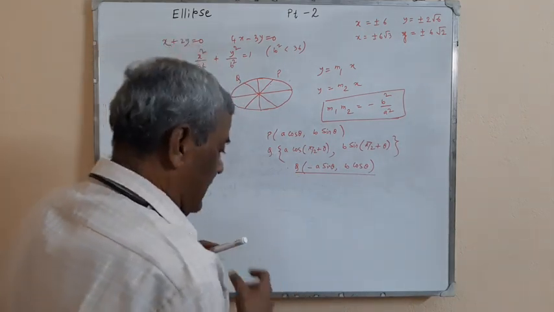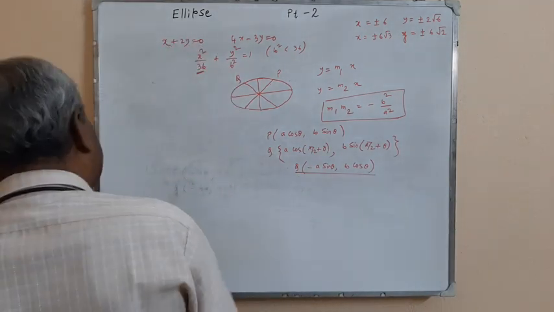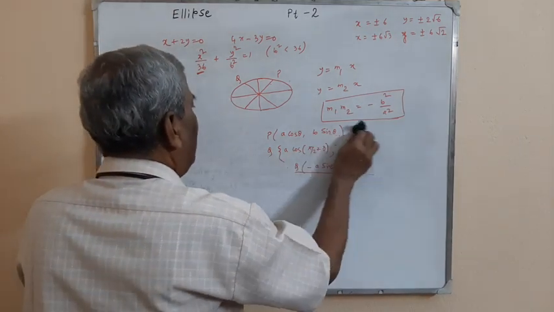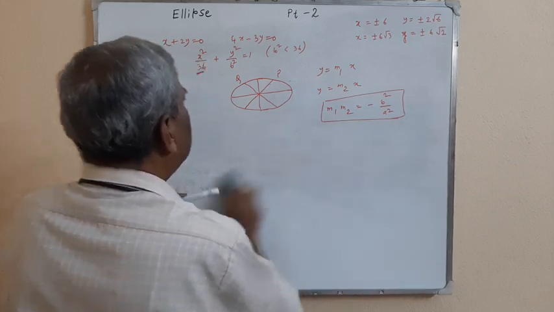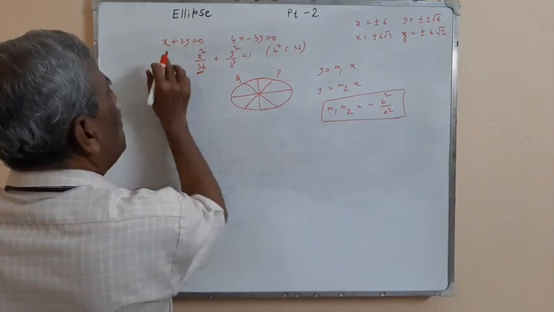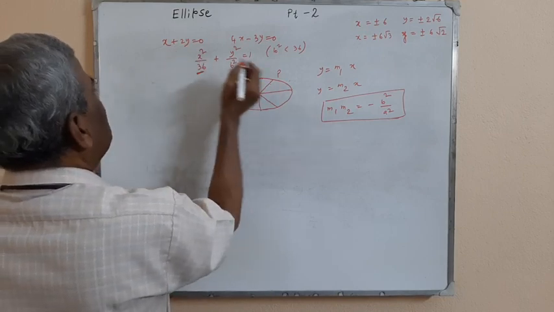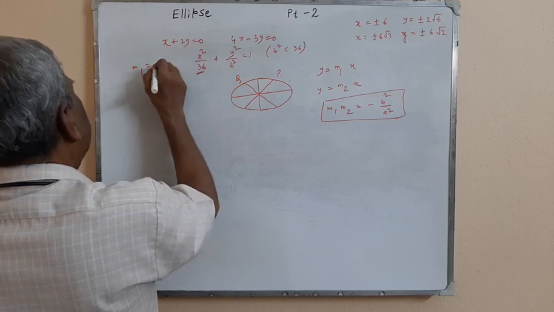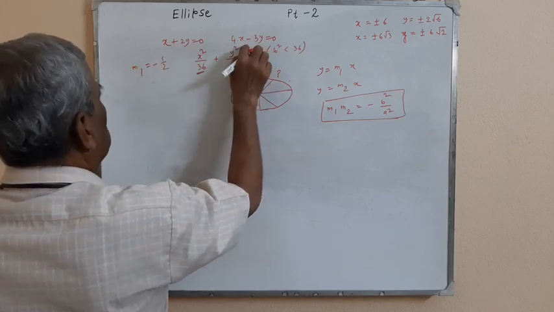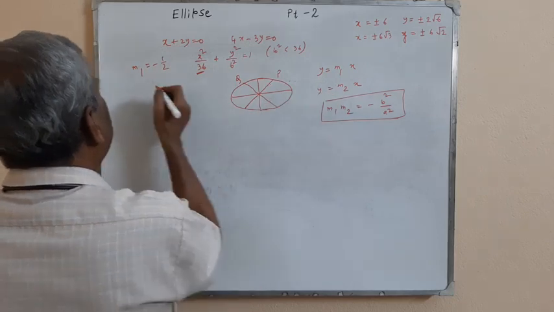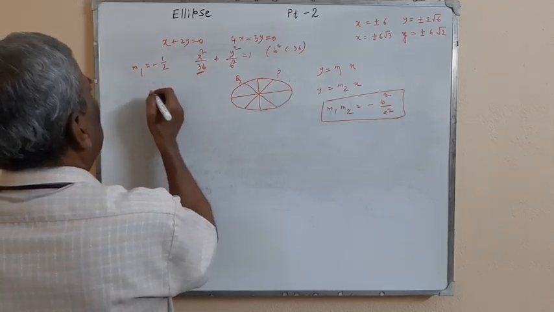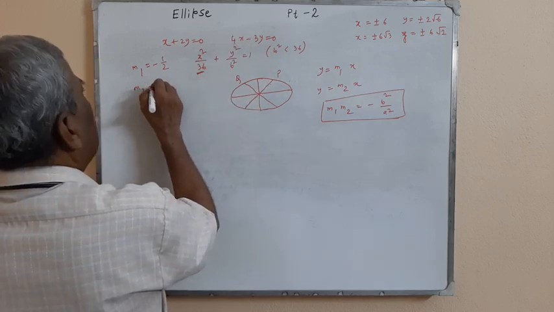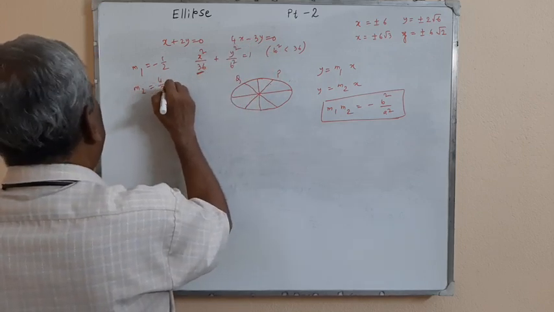Now, in the present case, y is equal to m1x means m1, its gradient, is equal to minus half. m2 of that is y is equal to 4 by 3x, that is m2 is equal to 4 by 3.